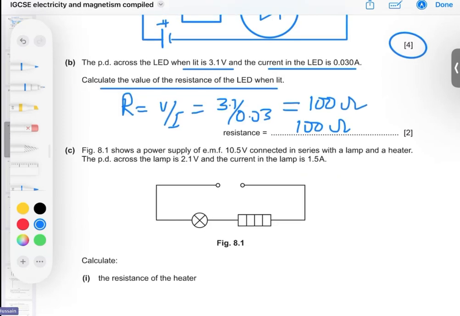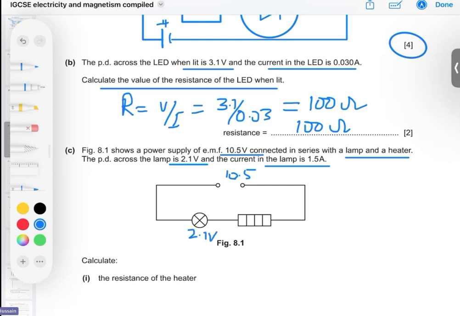8.1 shows power supply of EMF 10.5 volts in series with lamp and heater. PD across lamp is 2.1 and current in lamp is 1.5. Find the resistance of the heater. So this is 10.5, the supply, right? Lamp is getting 2.1 volts.